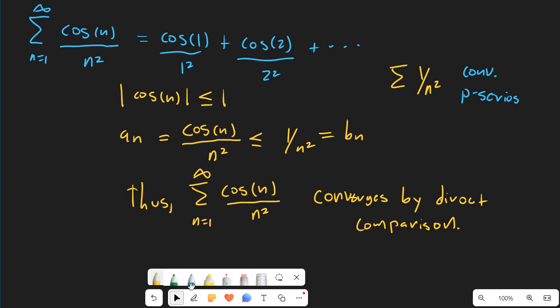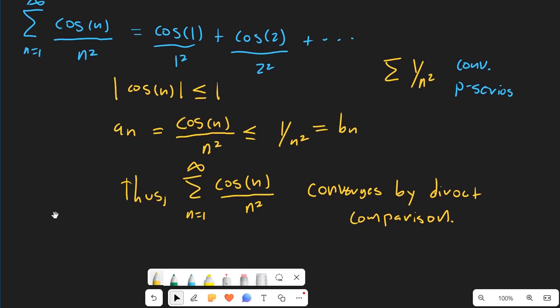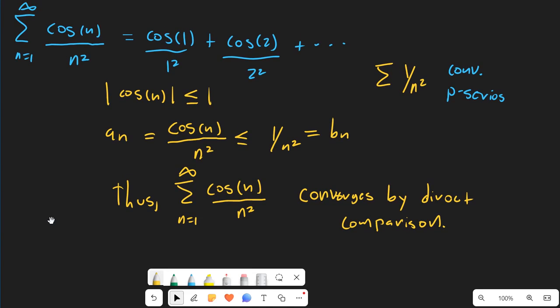But something I'm wondering is, what if you had the sine function instead? That would imply more or less the same process.